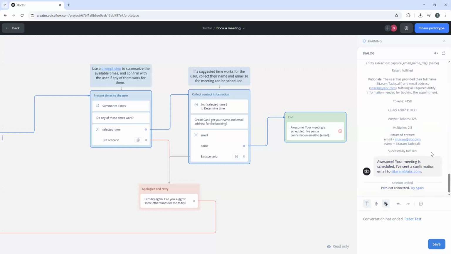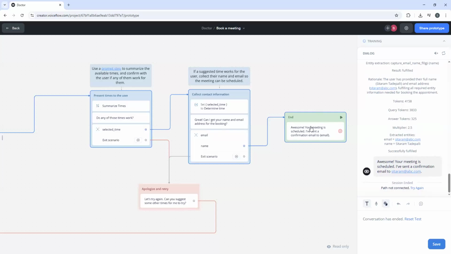So within 10 minutes, what we have seen is we have created a very simple functional app. Now, after this, probably we can have an agent which can send emails as well, right? It can connect to the Google SMTP server, and it can send emails to the people who have booked the appointment.